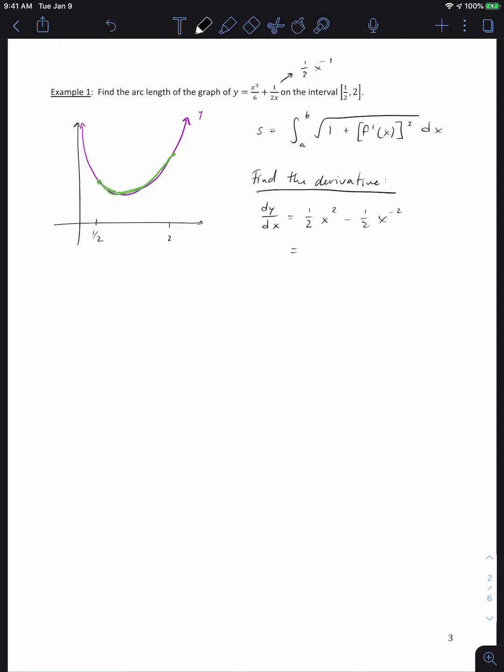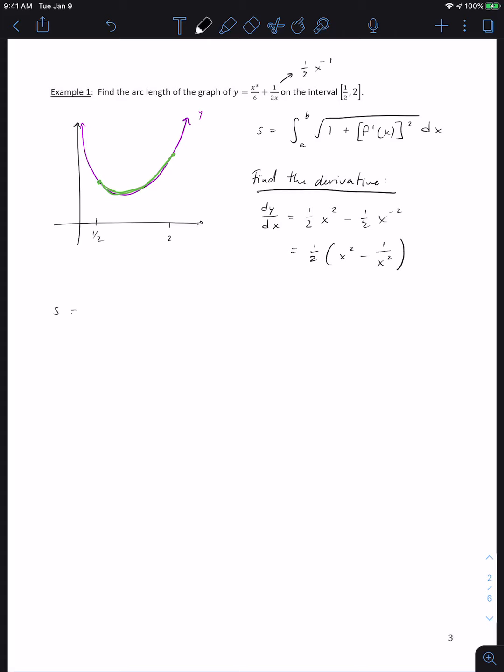I could factor out a 1/2 from each of these terms, and I'd be left with x squared, and remember, x to the negative 2 is the same as 1 over x squared. So that's my derivative: 1/2 times the quantity x squared minus 1 over x squared.